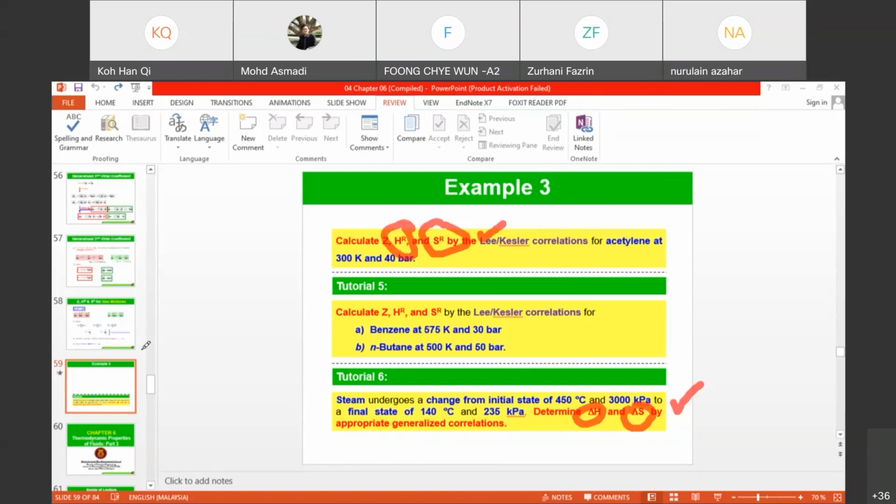Then you can try this one, but this is not the assignment, but it is the same as this one. Any more questions before we stop?